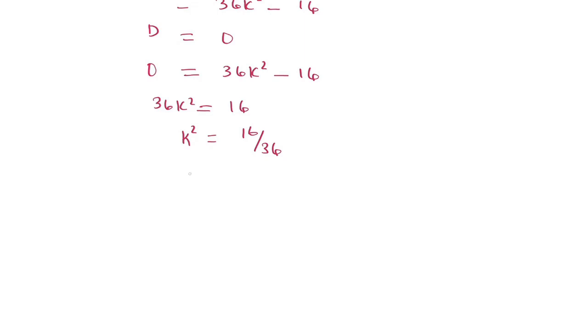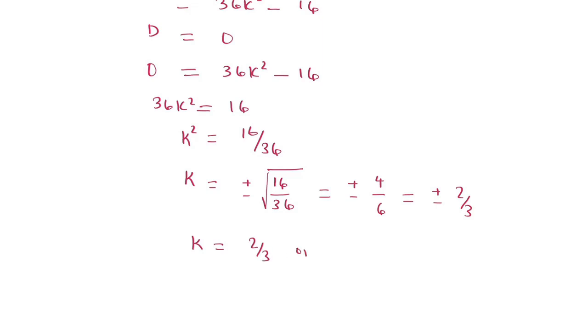Then k equals plus or minus the square root of 16 over 36, which is plus or minus 4 over 6. Simplifying further, we have plus or minus 2 over 3. So k equals 2 over 3 or negative 2 over 3, and these are our answers.